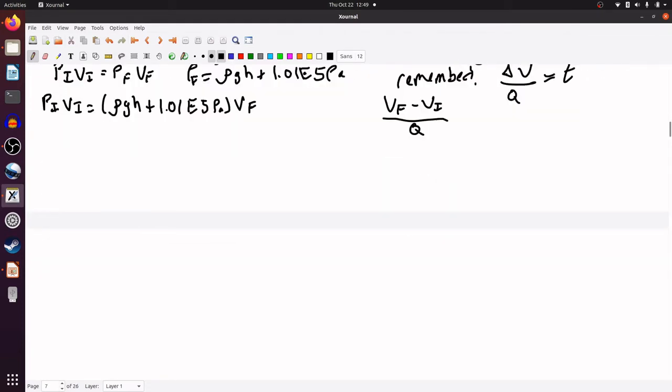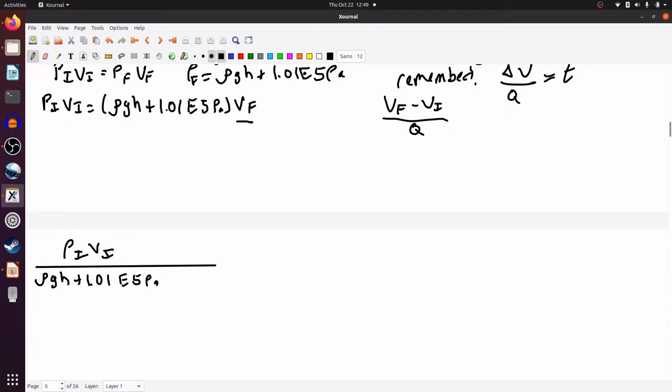Now we can actually use this. So I'm going to write this out. Basically, if I solve this for VF, that gives me PI VI, and I'll draw a little line because this might be long. PI VI over rho GH plus 1.01 times 10 to the 5th pascals.